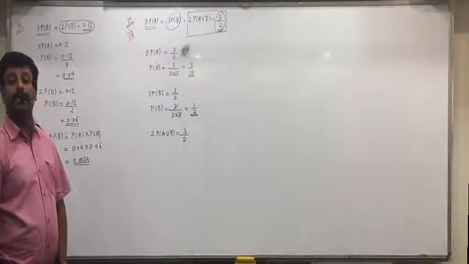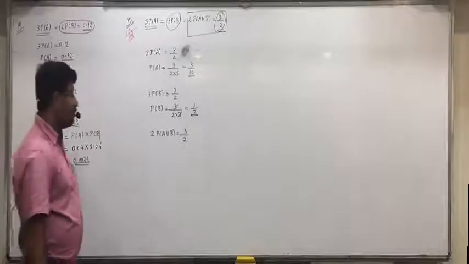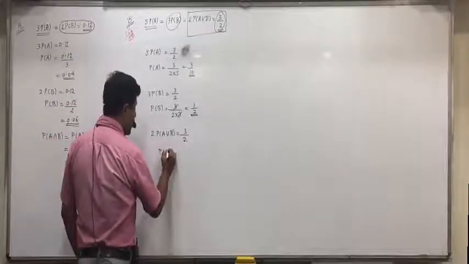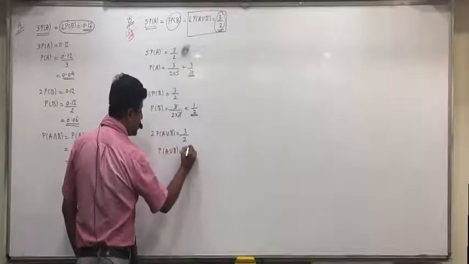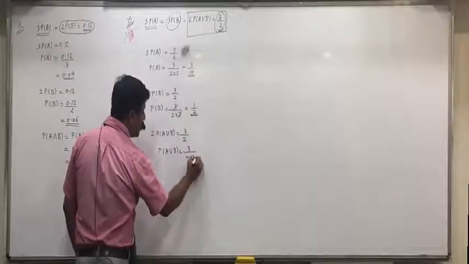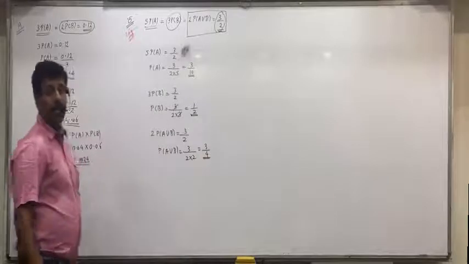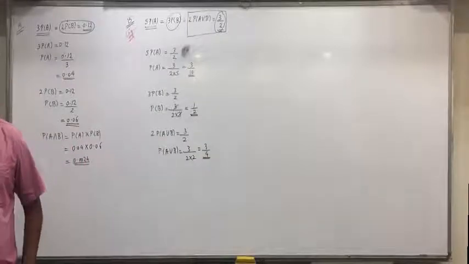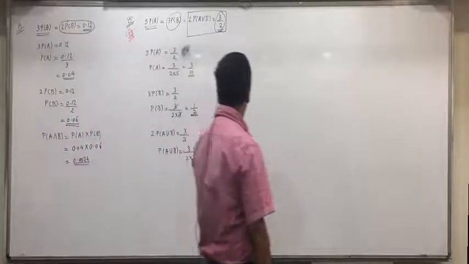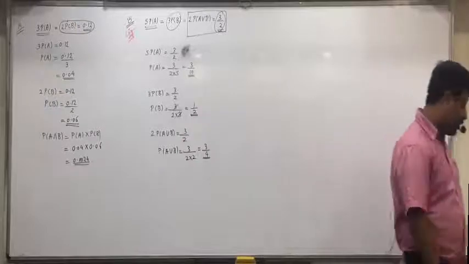What will be multiplied with 2? P(A union B) equals 3 upon 2 into 2, that is 3 upon 4. Is everyone clear up till here? P(A) is obtained, P(B) is obtained, P(A union B) is obtained. Now what is asked?